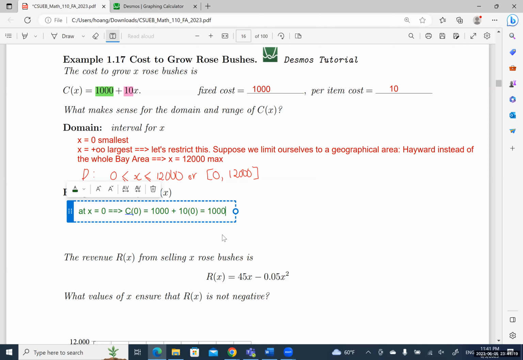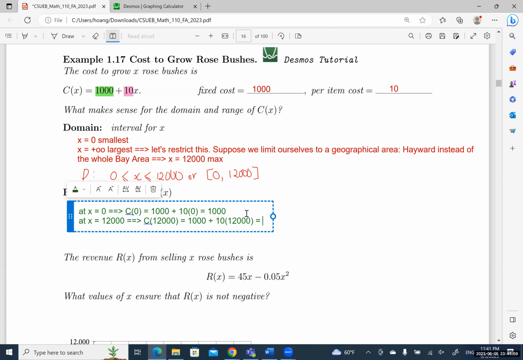Right? This is the minimum cost or fixed cost. And the maximum, for the limit of demand 12,000, I will have the cost at 12,000 will be 1,000 plus 10 times 12,000.